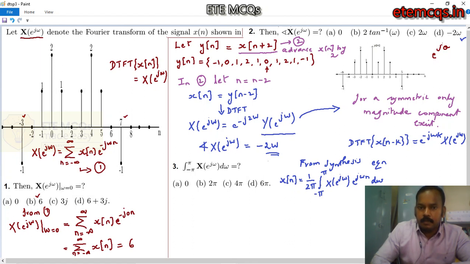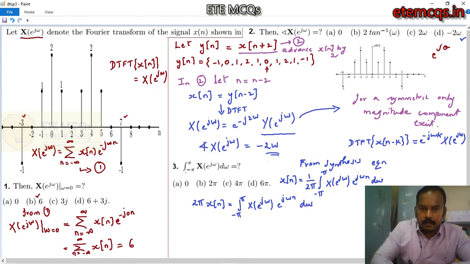Now in order to make this equivalent to equation number 3, this can be rewritten as 2 pi into x of n is equal to integration between minus pi to pi, X of e power j omega into e power j omega n d omega.